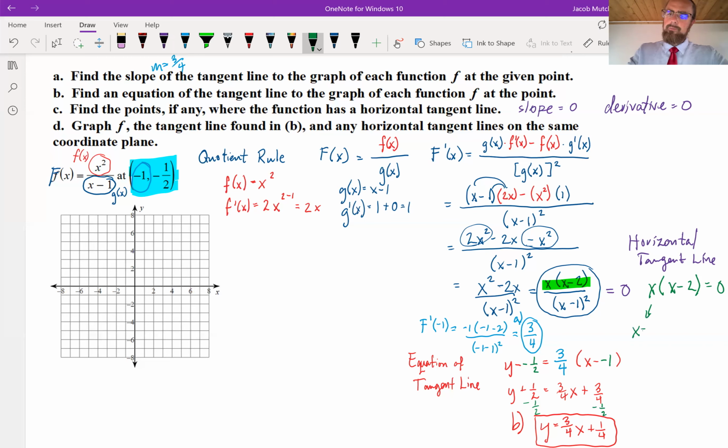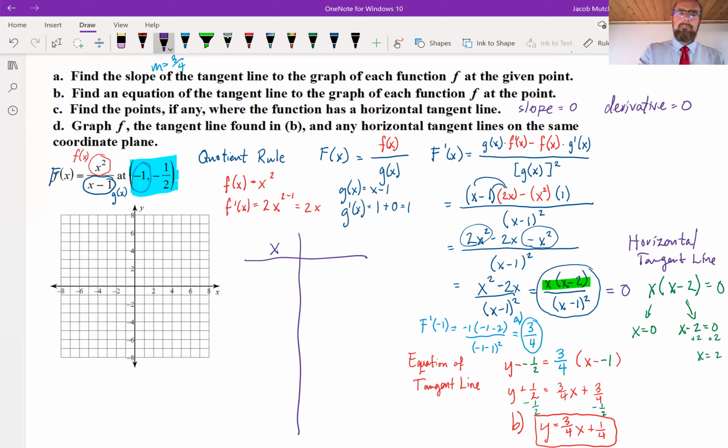That first factor is just going to be x equals 0. Second one, x minus 2 equals 0. If I add 2 to both sides, that tells me there's also a horizontal tangent line at 2. So I am looking for the points. So what I need to do is kind of forecast into part D. I know I need to graph this function.